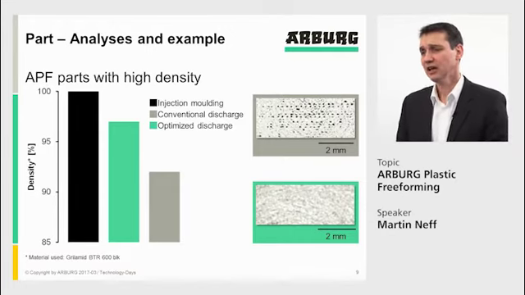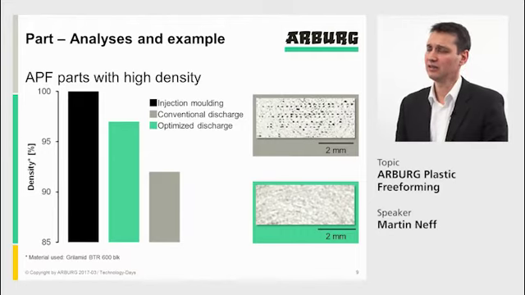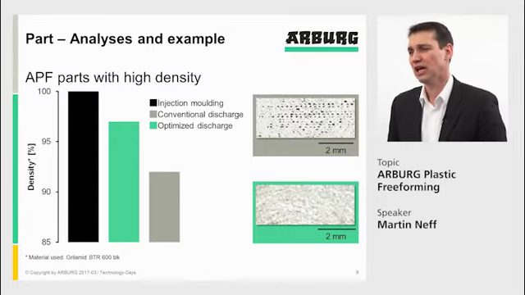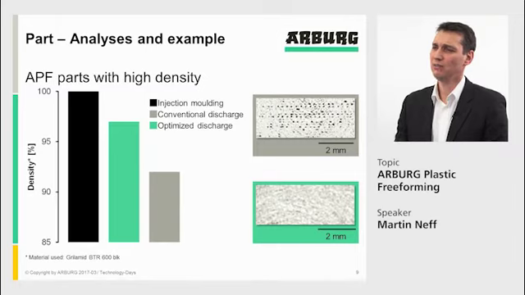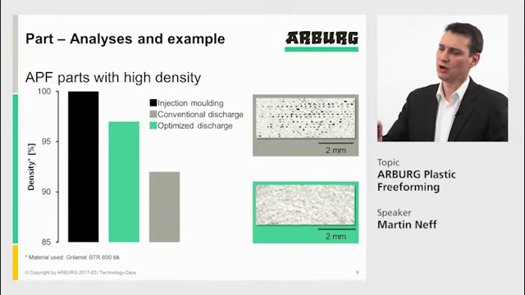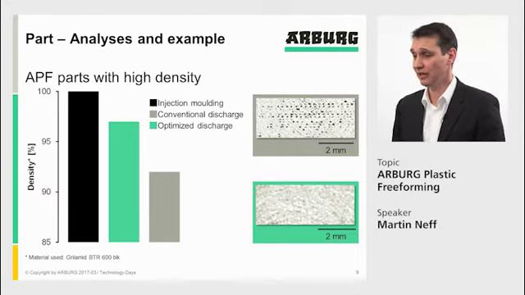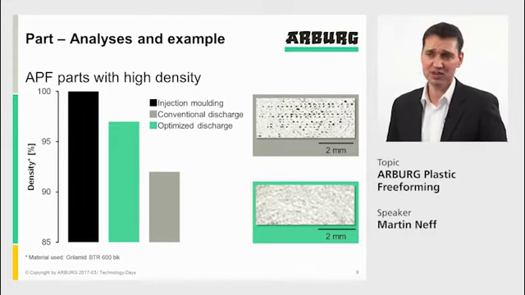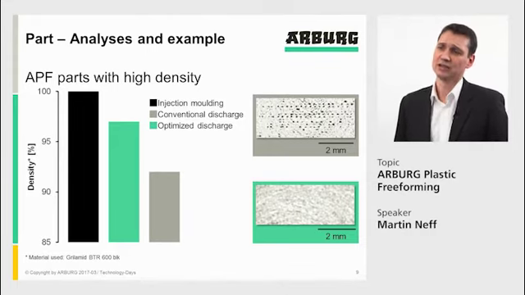We can see in the green bar that this is the result, what we get with an optimized discharge. Basically, that green bar results into the right-hand corner picture where we see a homogeneous layer, and that results directly in a density of 96, 97, 98%.